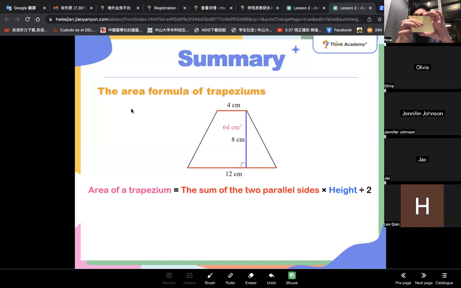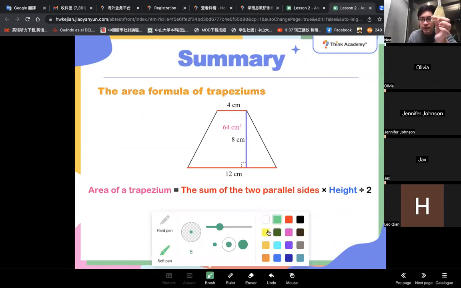The height of the parallelogram is as long as the height of the trapezium. So the area of this parallelogram is the short side and long side added together times height. But do we want the area of this parallelogram? No, we want a trapezium, right? This parallelogram is formed by 2 trapeziums. So we divide it by 2. That's why we need the divided by 2 here, all right, guys?